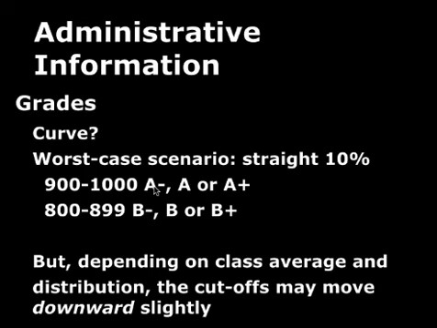If there's a curve, it's a benefit to you. If there's no curve, then it's a straight 10% breakdown. So as the course progresses, if you know how many points you have, which you will because we'll put that online, and you want to know roughly what letter grade you're at, you can just use a straight 10% breakdown, and that'll give you a pretty good idea. You might be pleasantly surprised if there's a curve later, but you won't be unpleasantly surprised.